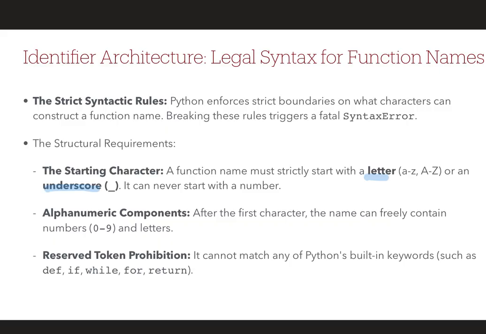For the remaining, you can combine letters, numeric integers, and underscore. Of course, the reserved words like def, if, while, for cannot be used as the names of the functions.